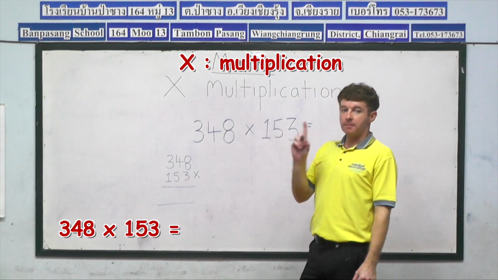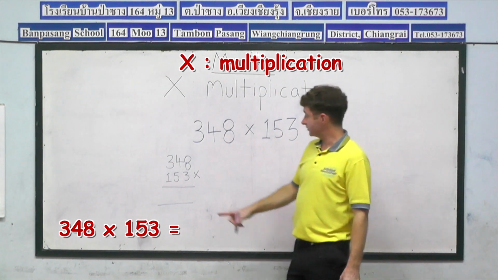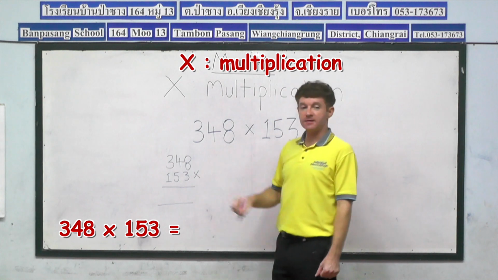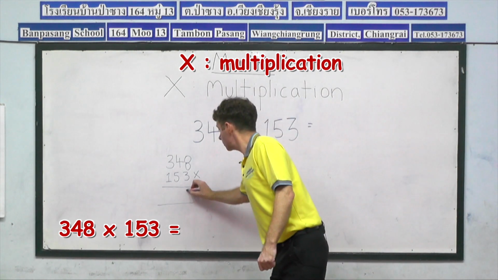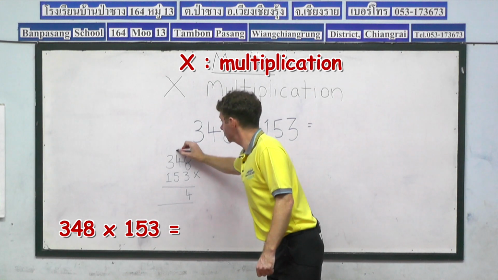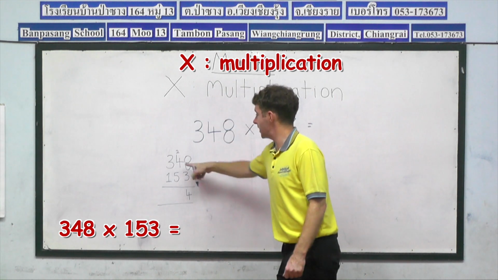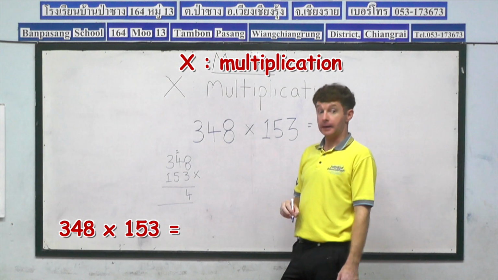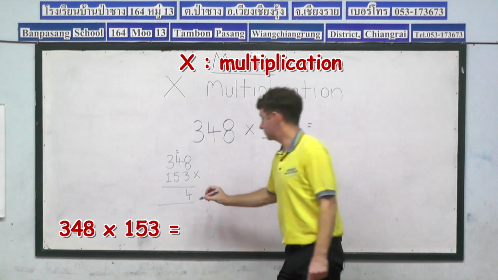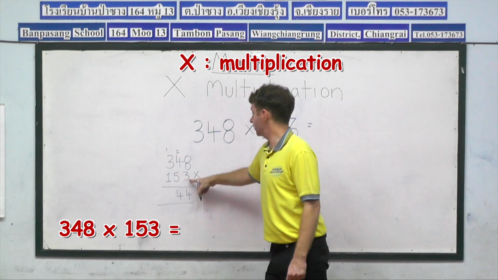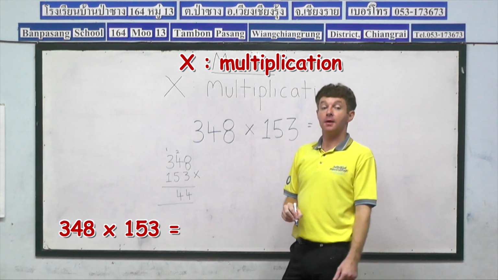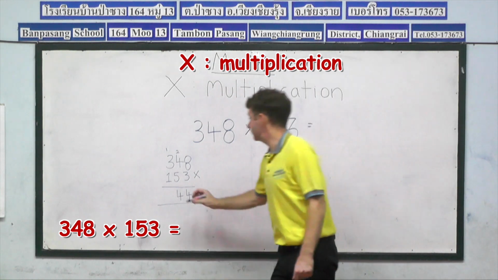So guys, remember, always start with the ones. So 3 times 8, 24. So 4, carry the 2. 3 times 4 equals 12. Plus 2 equals 14. 4, carry 1. 3 times 3 equals 10.